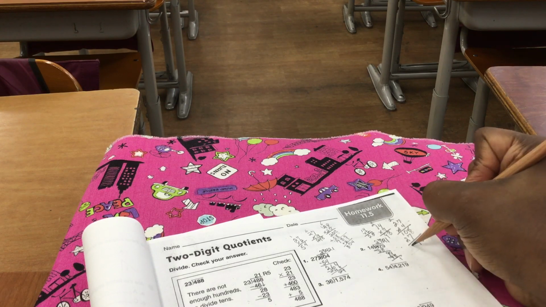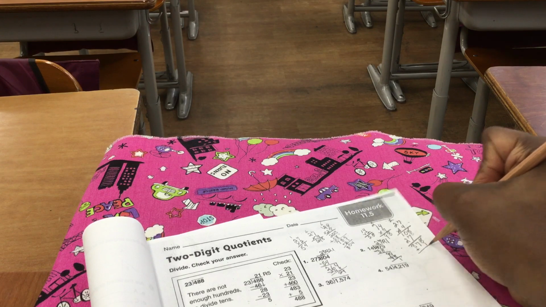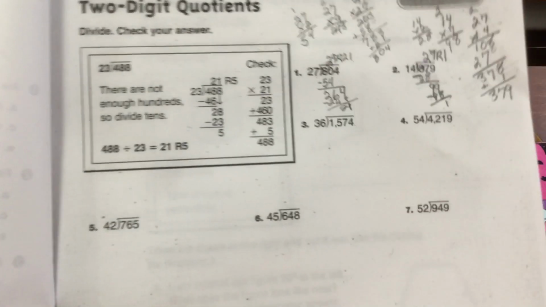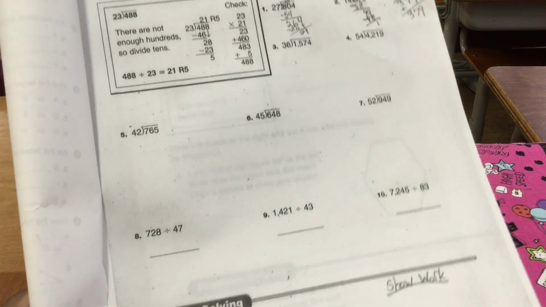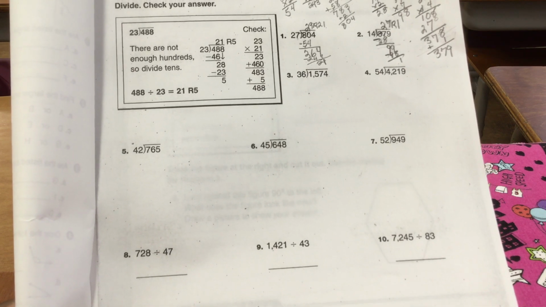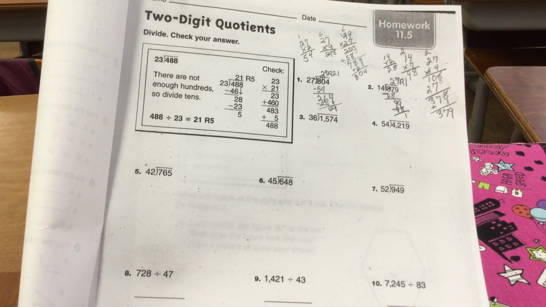Bring down my 10s. 2 plus 1 is 3. 378 plus 1 is 379. Our answer checks out. And now, please do numbers 3, 4, 5, 6, 7, 8, 9, and 10. And show your work the exact way that I've shown my work.